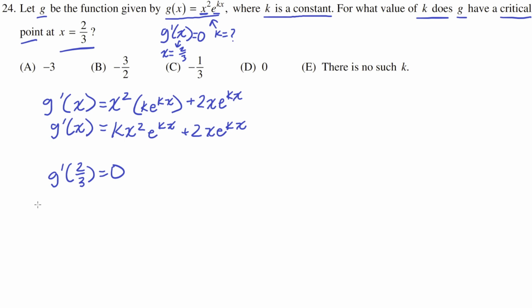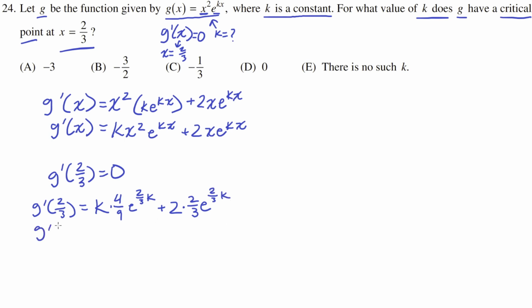We'll have g prime of 2/3 is equal to k times 2/3 squared, so that's 4/9, times e raised to the k times x, so e to the 2/3 k, plus 2 times 2/3, since x is 2/3, times e to the 2/3 k.